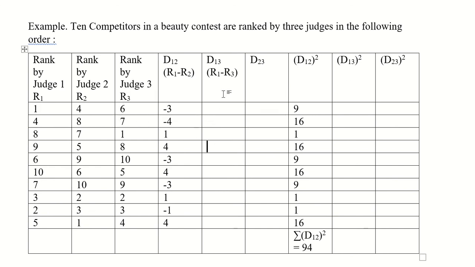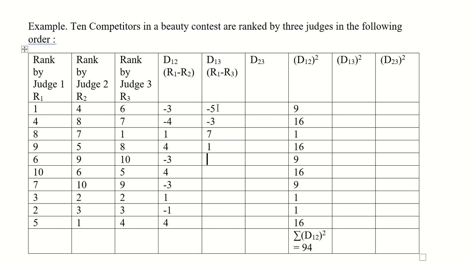Okay. So let's start. 1 minus 6 is minus 5. 4 minus 7 is minus 3. 8 minus 7 is 1. 9 minus 8 is... okay. Sorry, this one I have done wrong. So 8 minus 1 is 7, not 1. Then 9 minus 8 is 1.